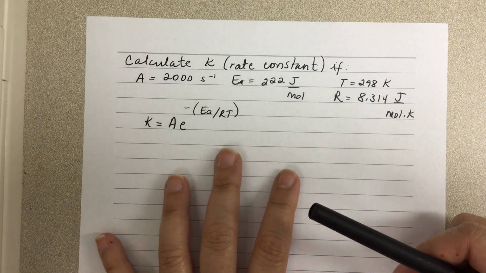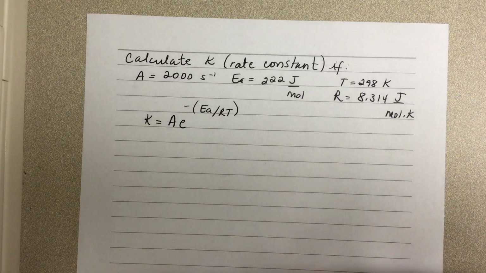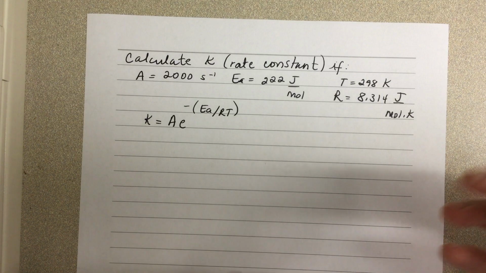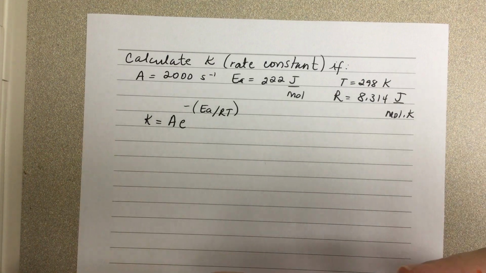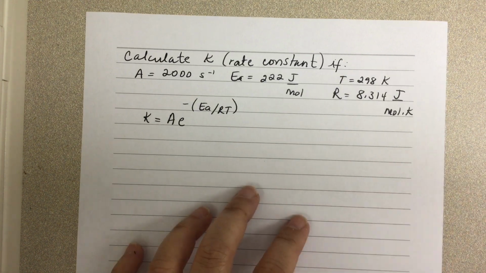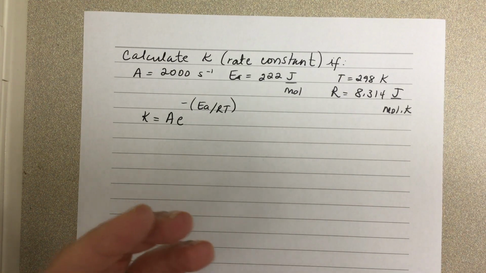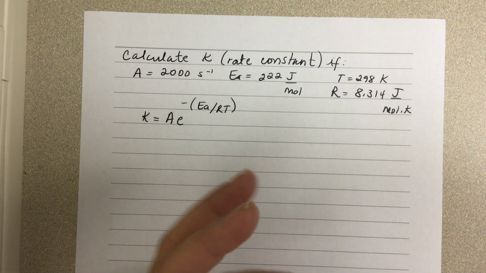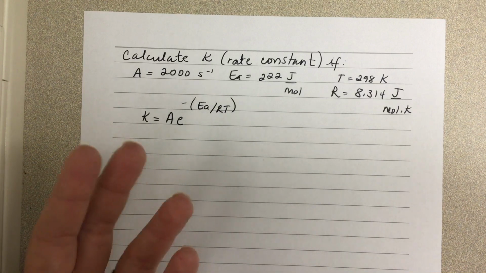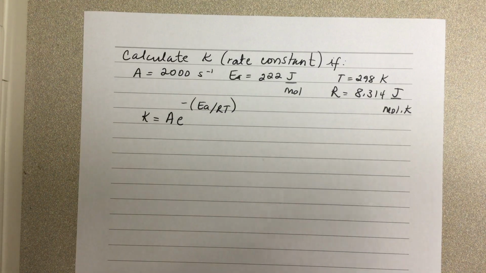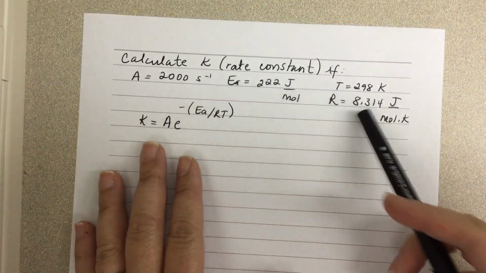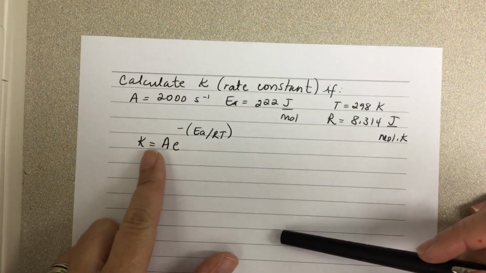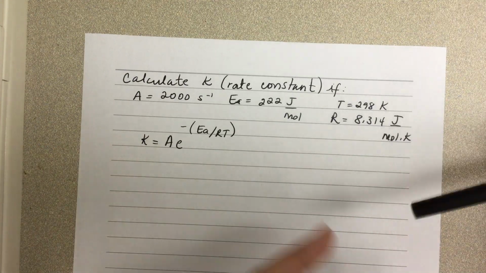So remember, the calculation is not the important part. The important part is the relationship between your rate constant and the temperature, or the rate of a reaction and the temperature, but you do need to know what A is and activation energy and all of that. So I'm giving you just numbers for you to calculate the rate constant. And the calculation is pretty easy.